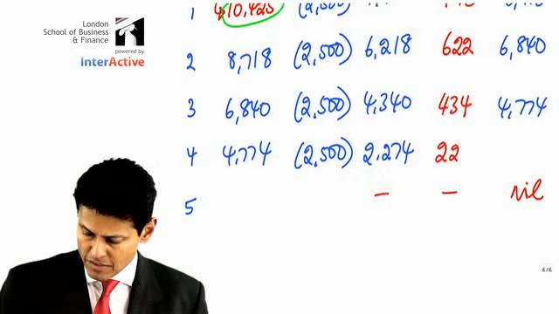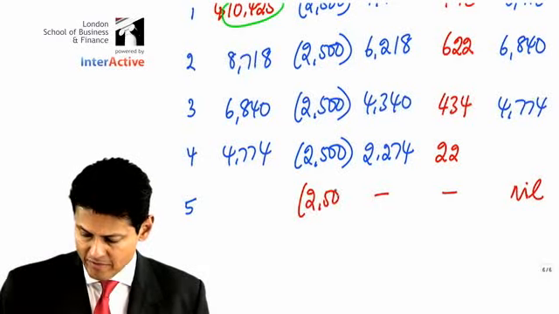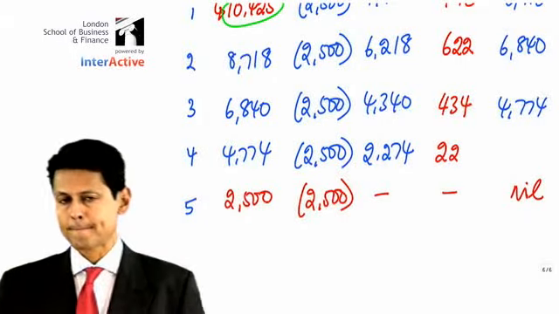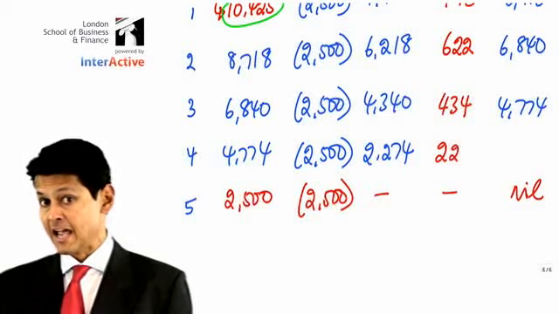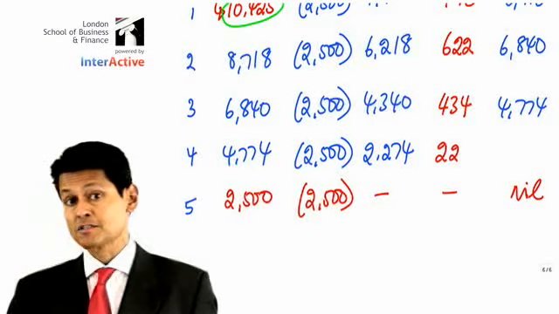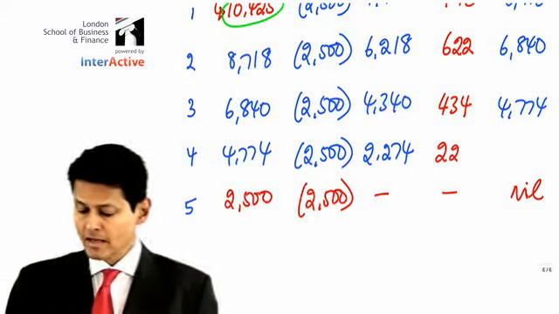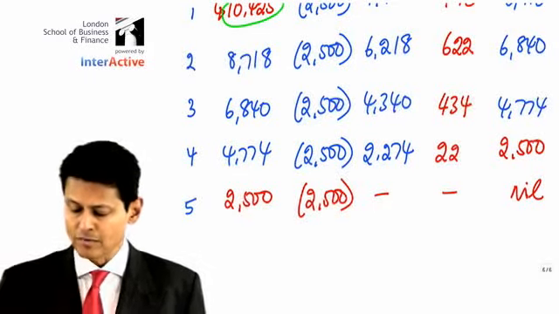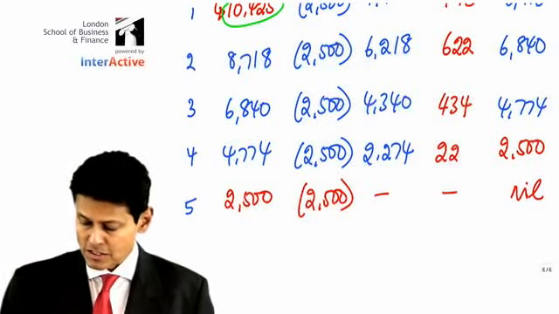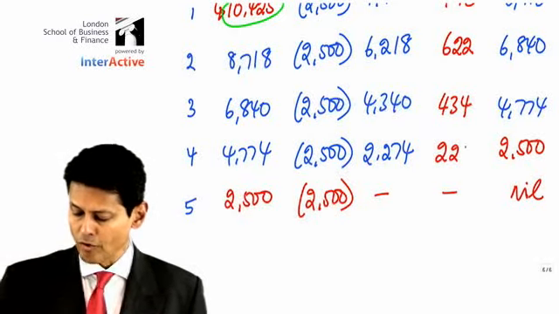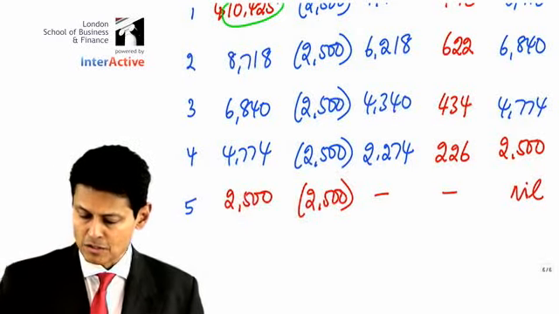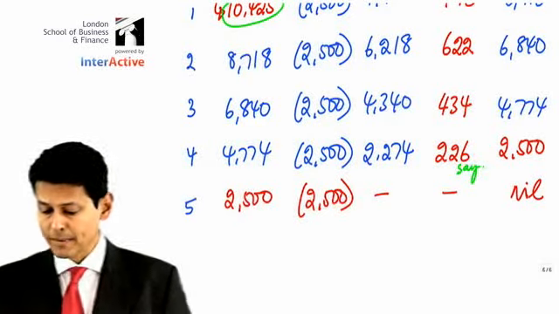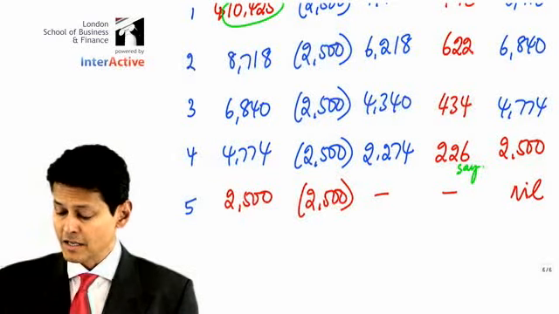Nothing here. 2,500 over here, and therefore 2,500 there. Because remember, in the fifth year, on the first day of that year, the final 2,500 must be paid and cleared. That leads me to say that the end of the fourth year has got 2,500 in that slot. And so the 10% of 2274, I'm going to call it, say, 226. Does that add up? 2274 plus 226 is 2,500.